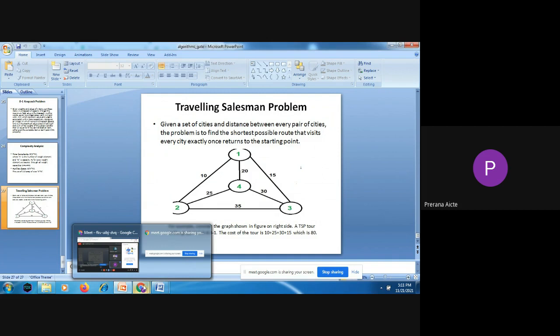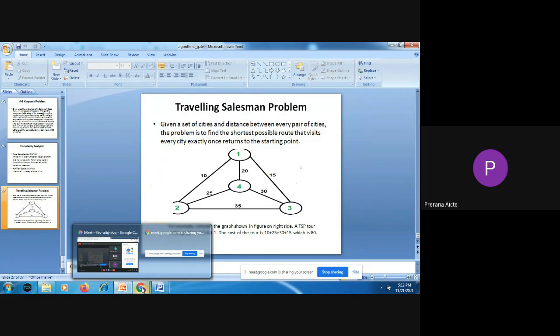So backtracking applications వచ్చి Queen's problem, and we have sum of subsets problem, graph coloring problem, and we have Hamiltonian path. All this comes under backtracking.